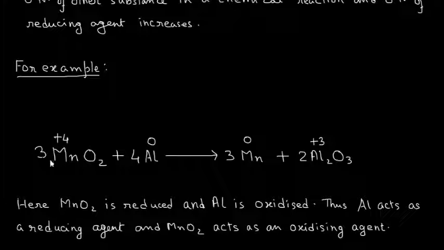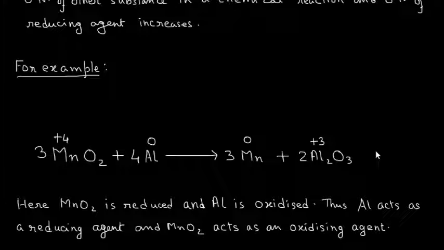So let us take an example. Here in the given reaction, 3MnO2 plus 4Al gives 3Mn plus 2Al2O3. In MnO2, Mn's oxidation number is decreased from plus 4 to 0.